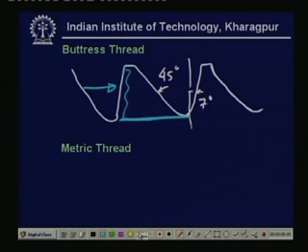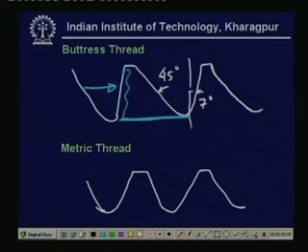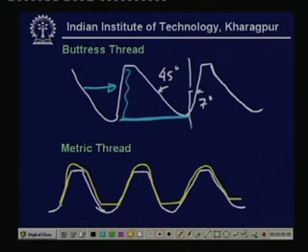Then we have the metric thread, which is the IS thread normally, and this is almost similar to BSW thread. So, this looks somewhat like the nuts, and so on.